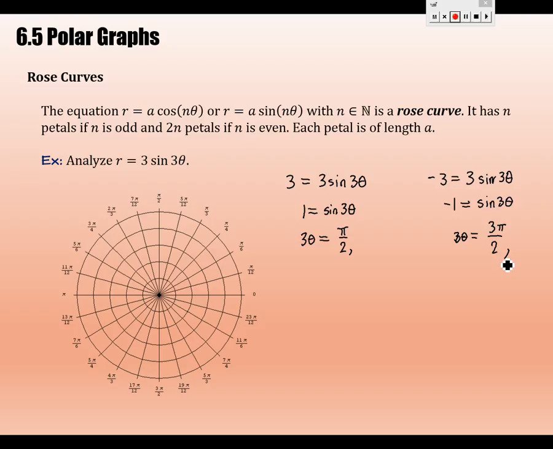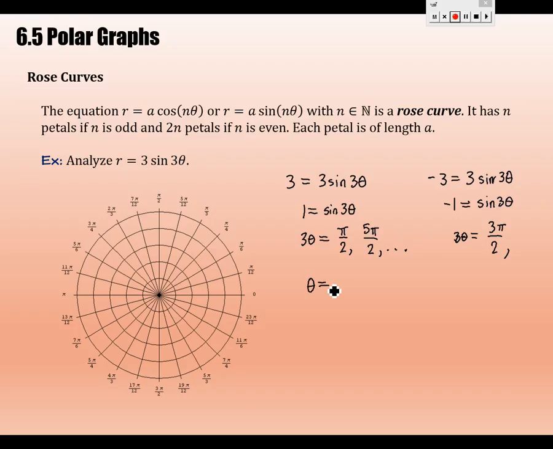But what's the next one here? What would we call it? Huh? Yeah, what would that be? I know fractions, right? It's hard. Okay. Pi over 2 plus 2 pi.